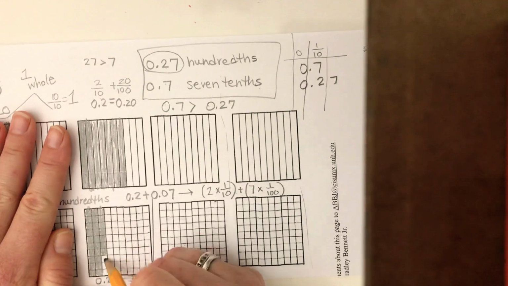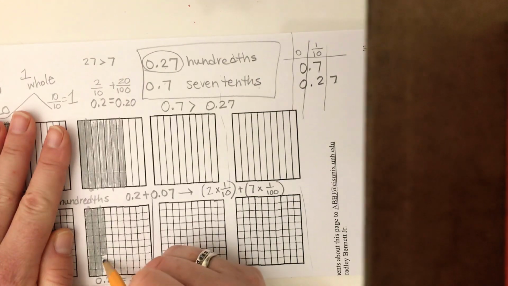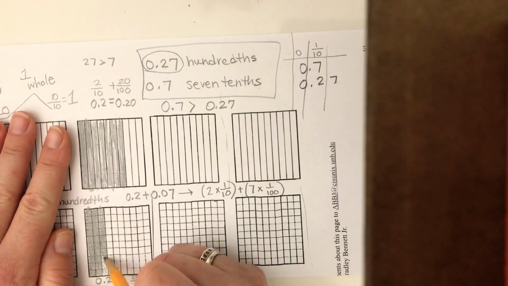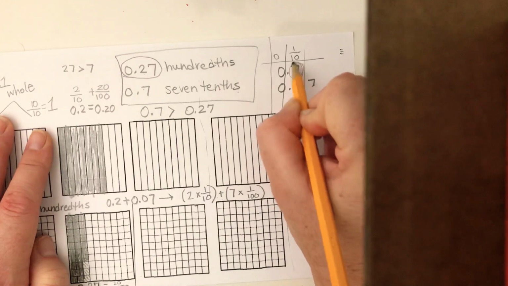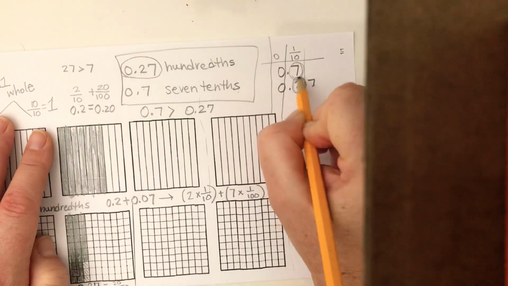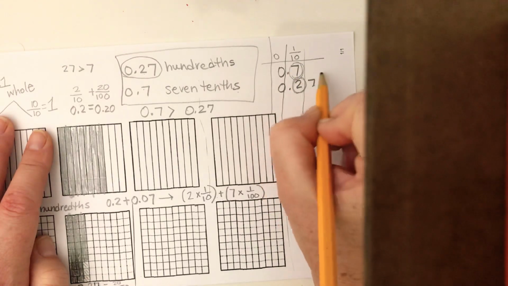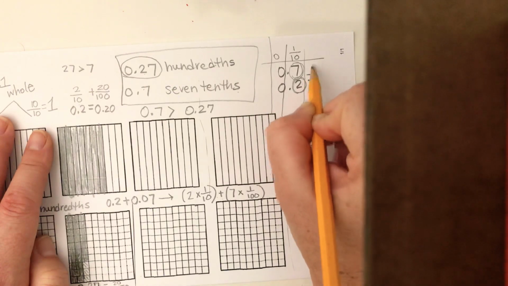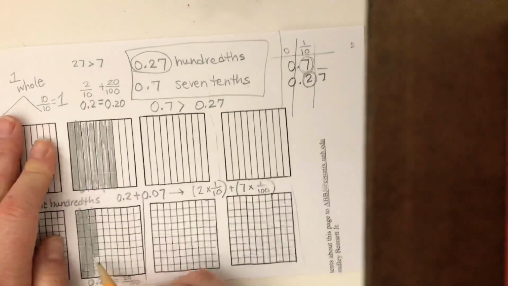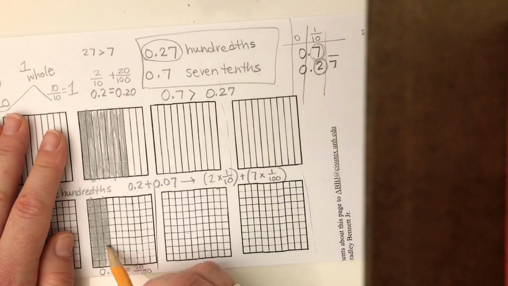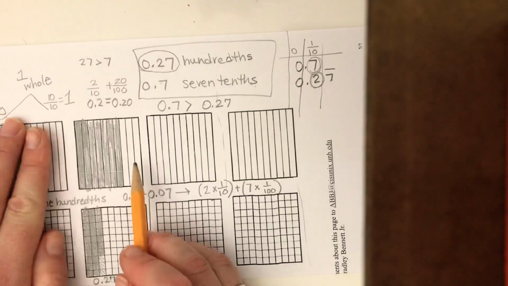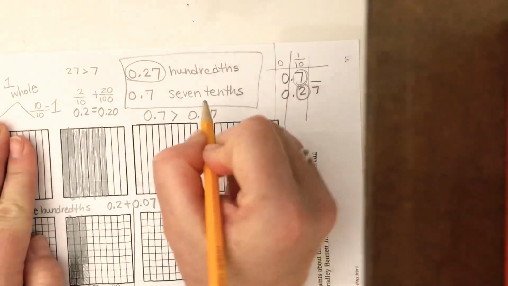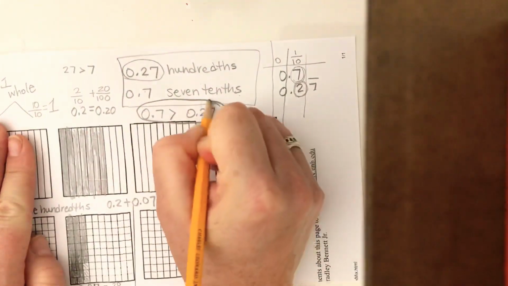If we don't even have enough hundredths to create 3/10, this shows us right here that 7/10 is greater than 2/10. So even though this number has 0 hundredths, we know that this number doesn't even have enough shaded in to have 3/10 shaded. So once again, that shows 7/10 is more than 27 hundredths.